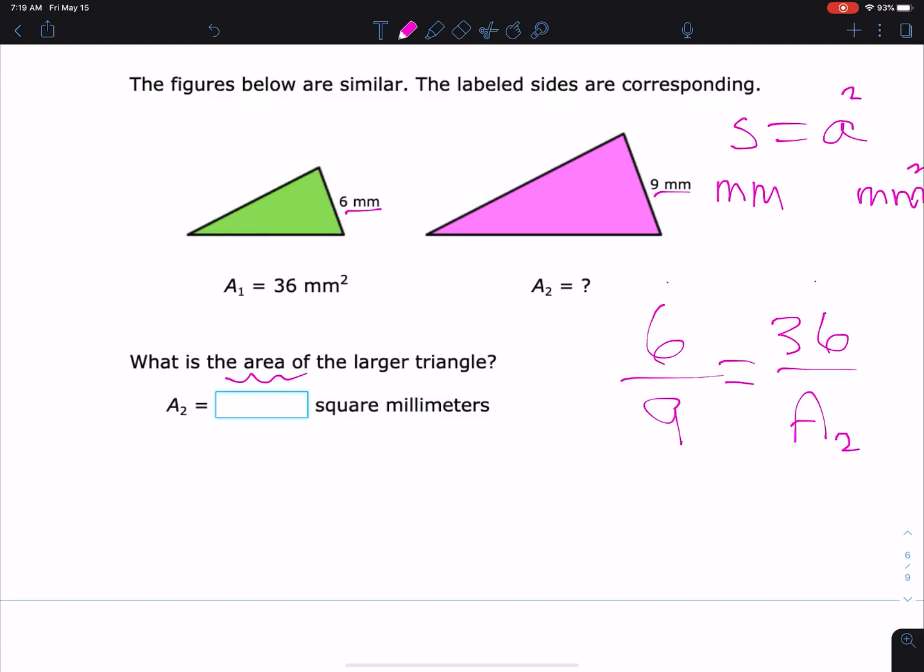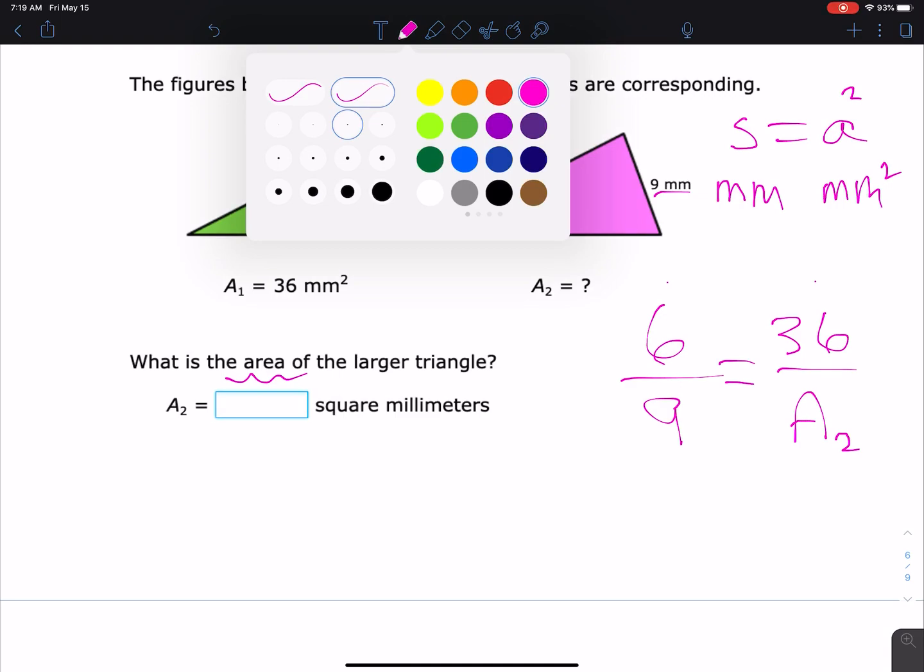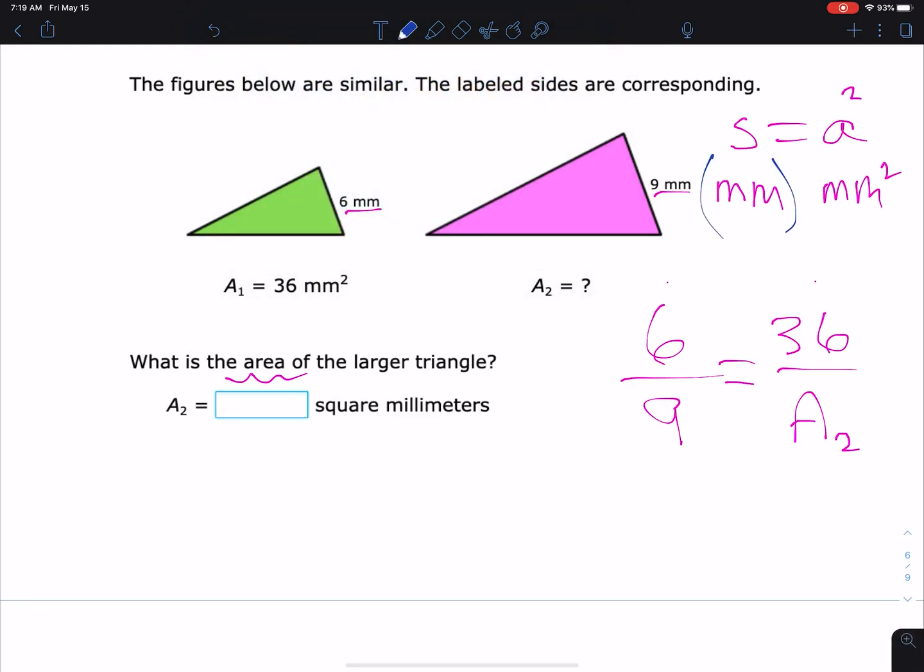Let me give myself more room here. So in order to cross multiply, they have to be in the same dimension. So you have to square the side length, because then that'll make it millimeters squared. So I have to square my side length ratio.